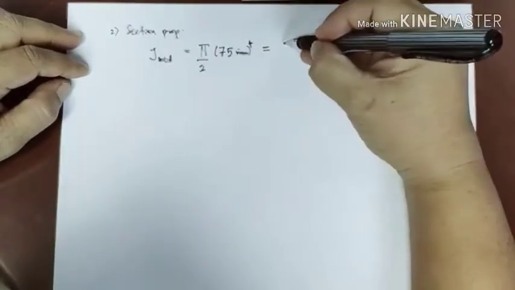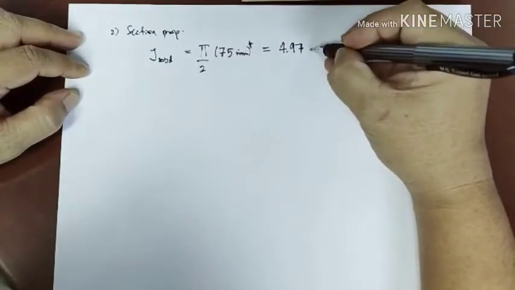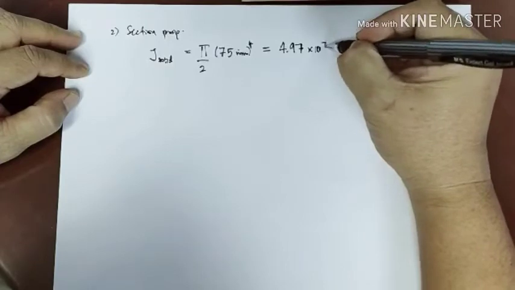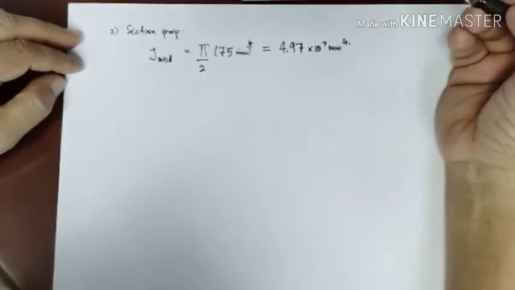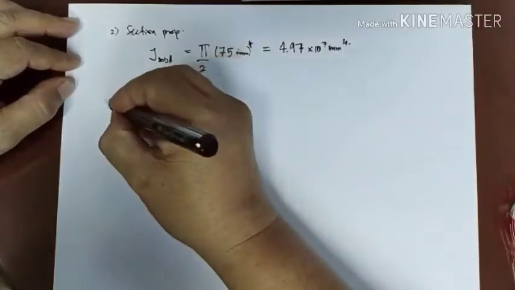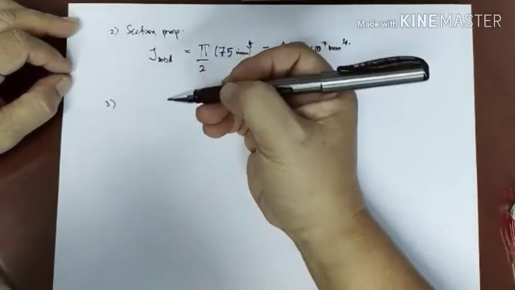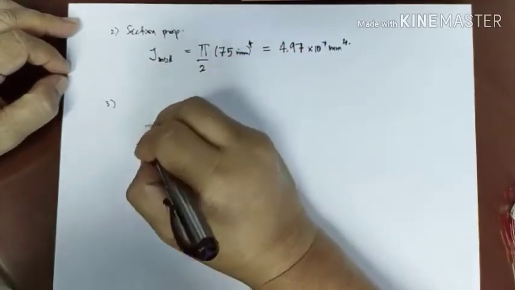We have identified J as 4.97 times 10 to the power of 7 millimeter to the fourth. Then you solve the problem by using the torsion formula.